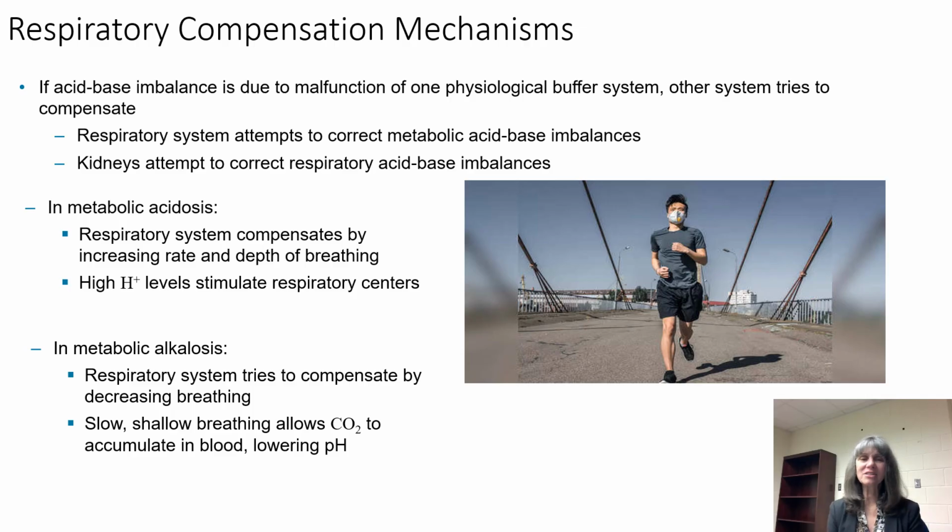In metabolic acidosis, the respiratory system will compensate by increasing the rate and depth of breathing to try and blow off more carbon dioxide. High levels of free hydrogen ions will often stimulate respiratory centers to achieve this. In metabolic alkalosis, the respiratory system will try to compensate by decreasing the rate and depth of breathing. Slow, shallow breathing will allow carbon dioxide to accumulate in the blood, thereby lowering pH.